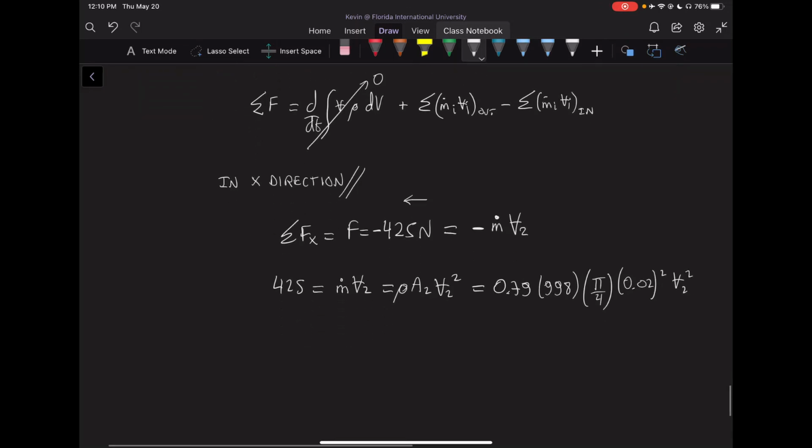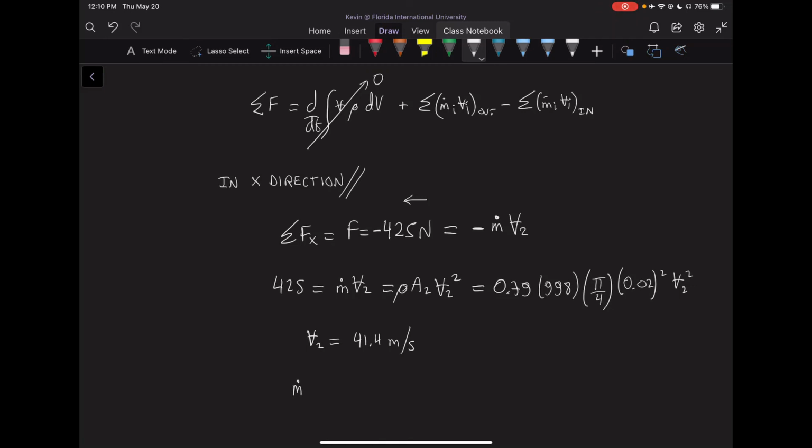And if we solve for this, we can find velocity 2. So velocity 2 is equal to 41.4 meters per second.